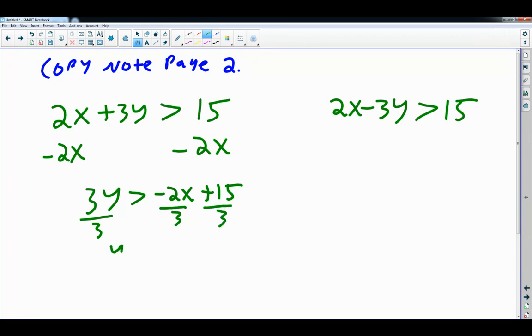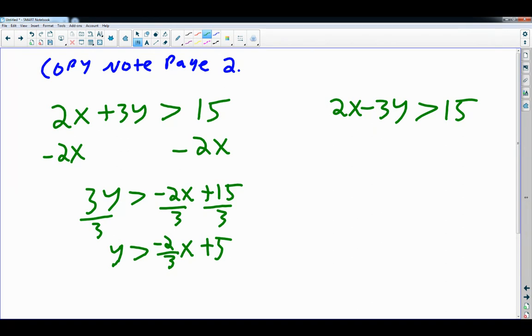And we'll get y is greater than negative 2 over 3x. That fraction cannot be simplified. Negative 2 over 3 just stays negative 2 over 3. And you can divide 15 by 3, which will get you 5. And again, tomorrow we're going to look at graphing these guys. Okay?